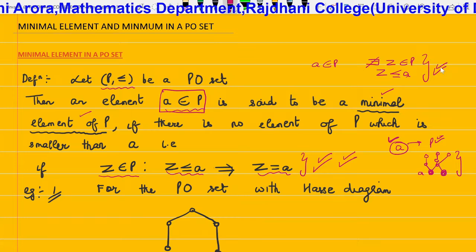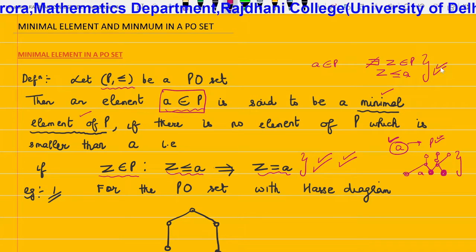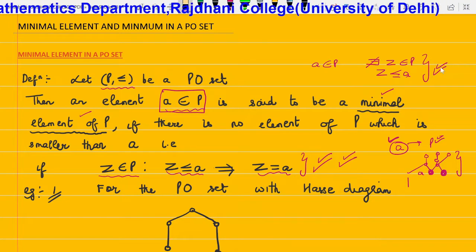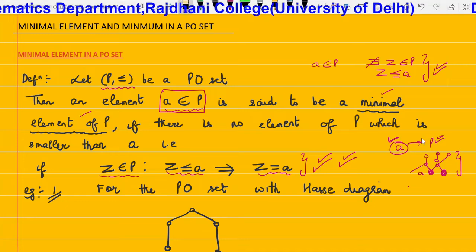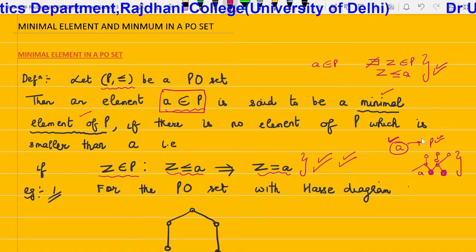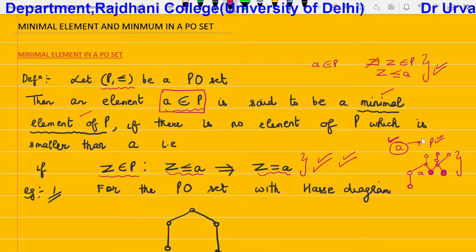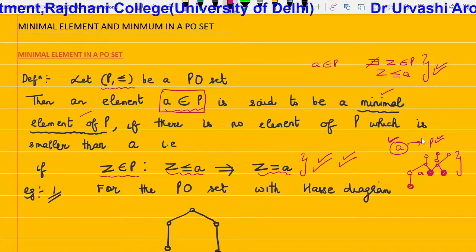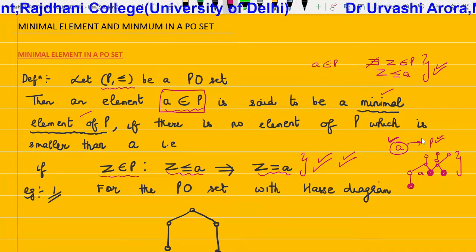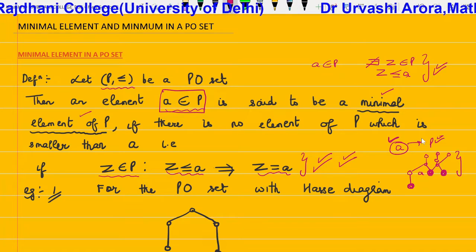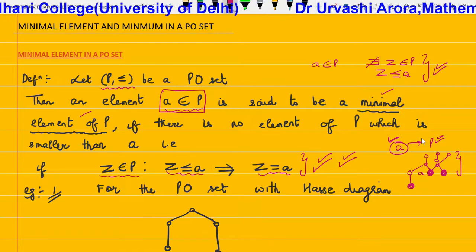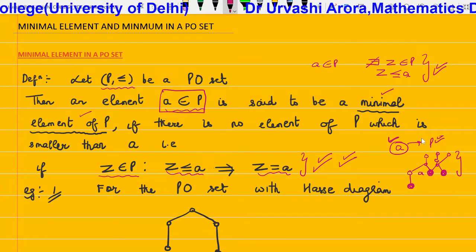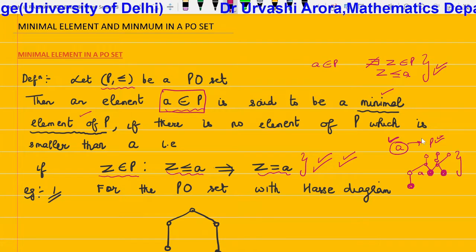So all the elements which I am shading in a dark color, elements like these which are at the bottom, are minimal elements just because there is no element which is below them, or there is no element which is smaller than them. And this is how the concept of minimal element goes.